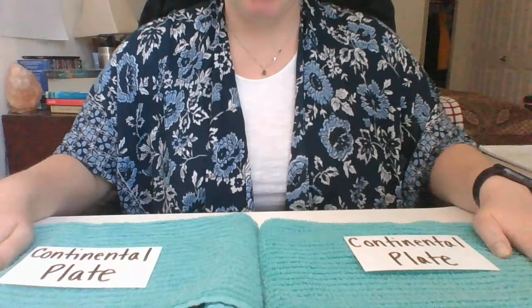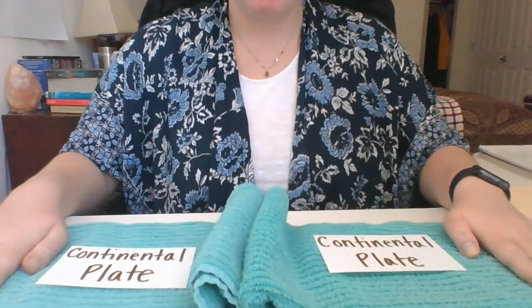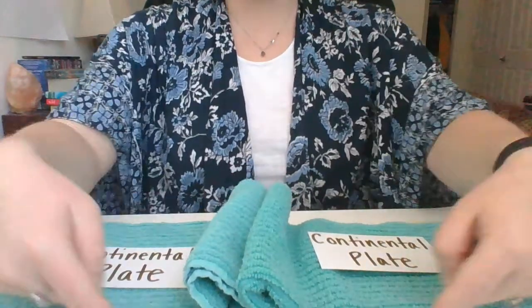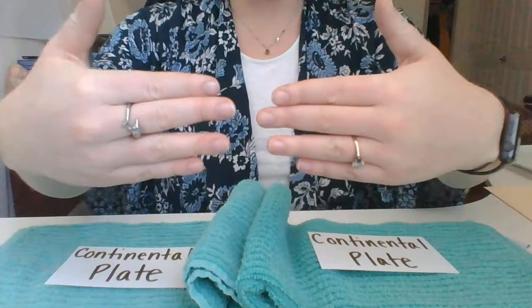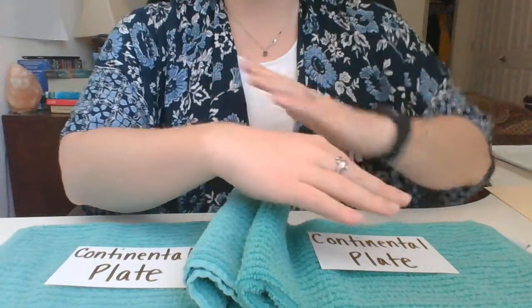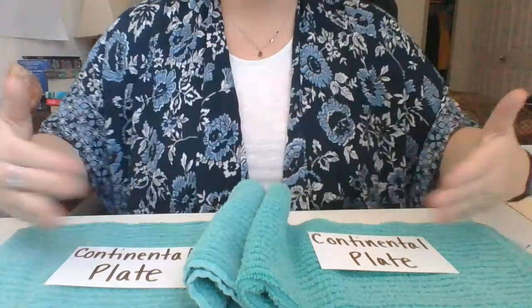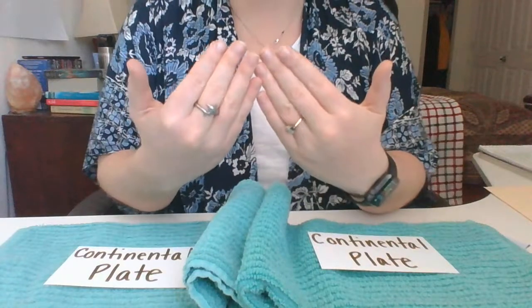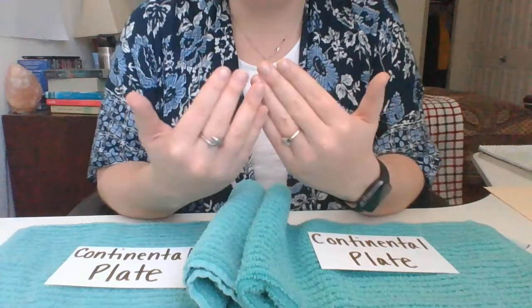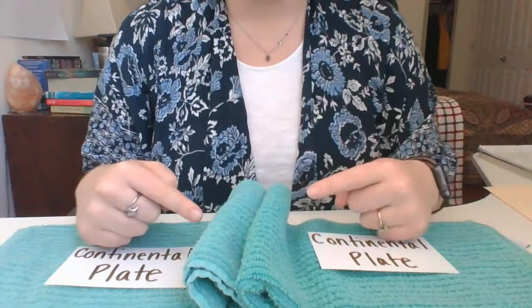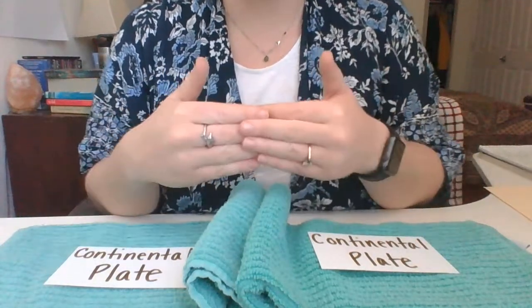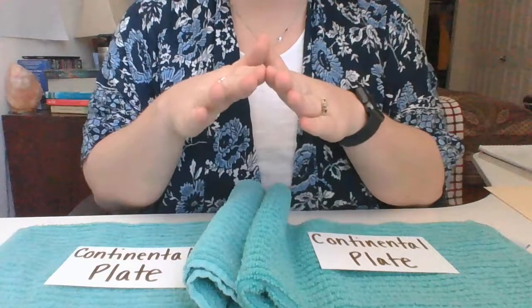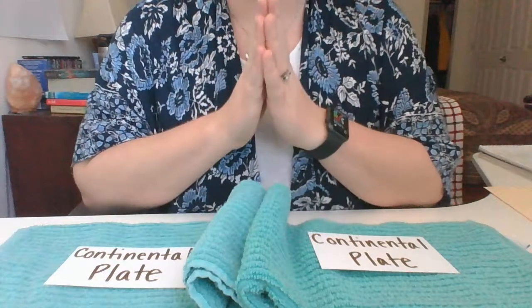So as I push these together, the plates are rising up to meet each other. One is not sinking below or going above another. Instead, they are coming up like this. What type of landform do you think this is modeling? When two continents go head on, what looks like this in nature?